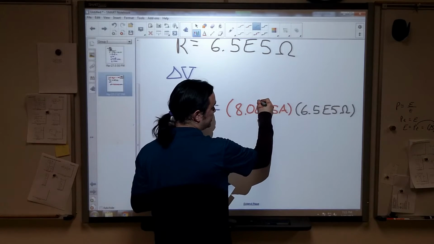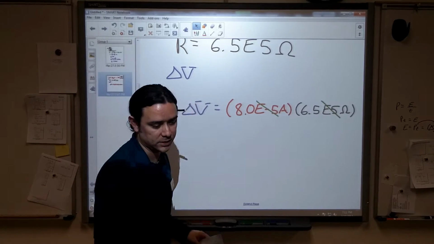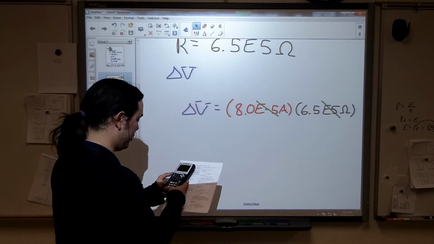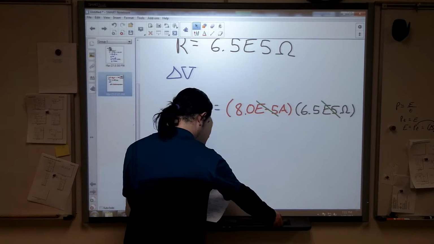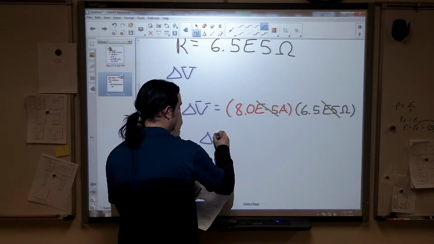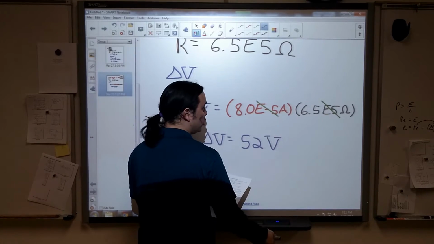Now that's nice writing this out because times 10 to the negative 5th and times 10 to the 5th cancel out, and we have 8 times 6.5. You could also put them completely into your calculator, but we end up with 8 times 6.5. Delta V comes up to 52 volts.